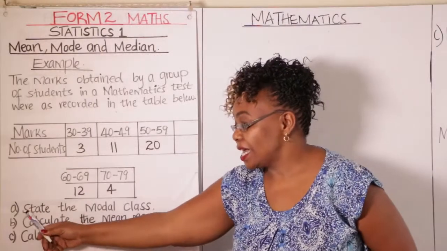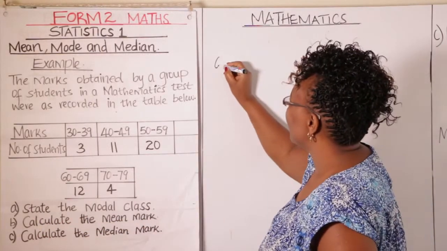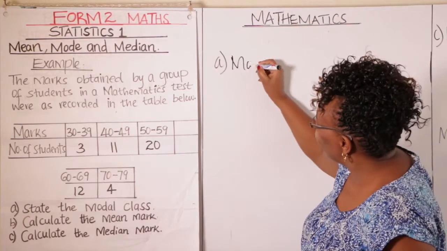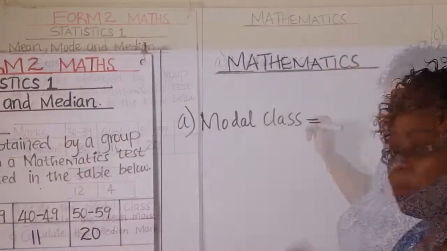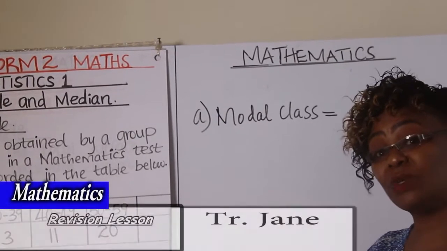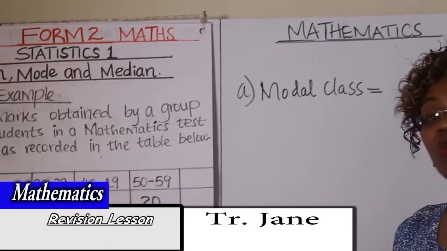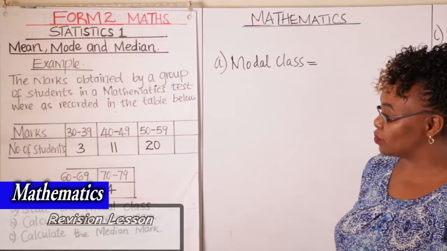So, part A, state the modal class. Modal class, learner, refers to that class which has the highest frequency, that class where you have the majority of the learners, the majority of the students.